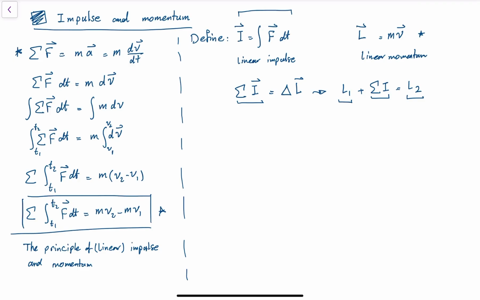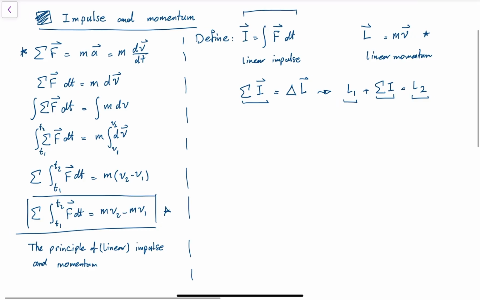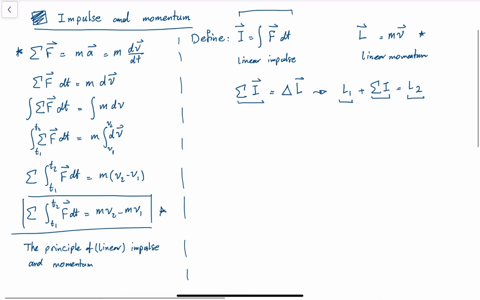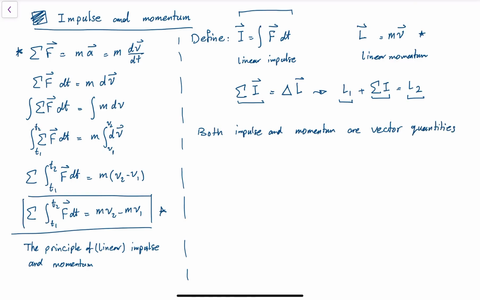So this impulse and momentum, both impulse and momentum are vector quantities.